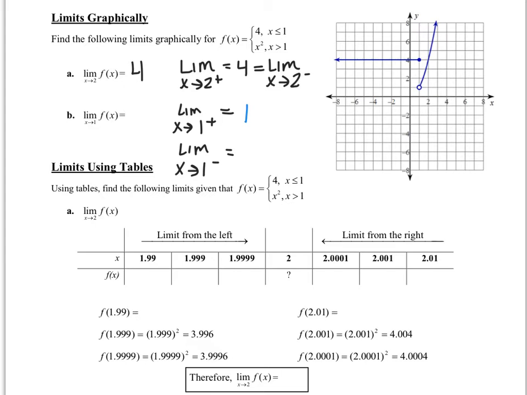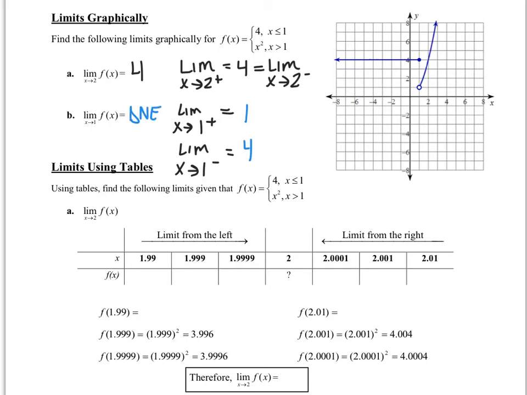And when I approach the graph from the left, it looks like it's approaching, oh, excuse me, 4. So the limit from the left does not equal the limit from the right. So this limit does not exist.